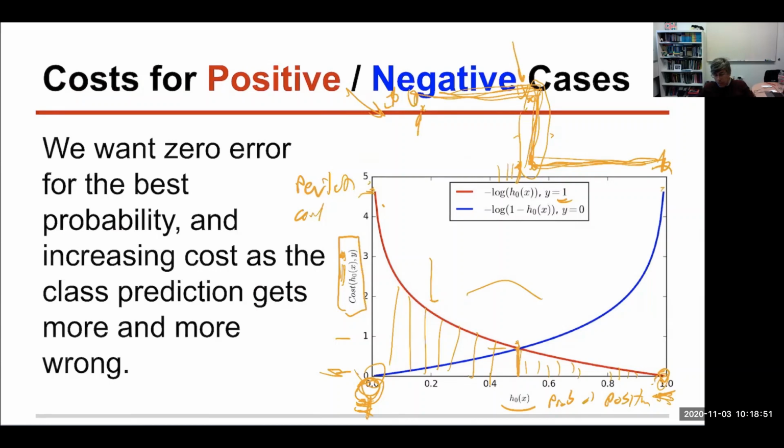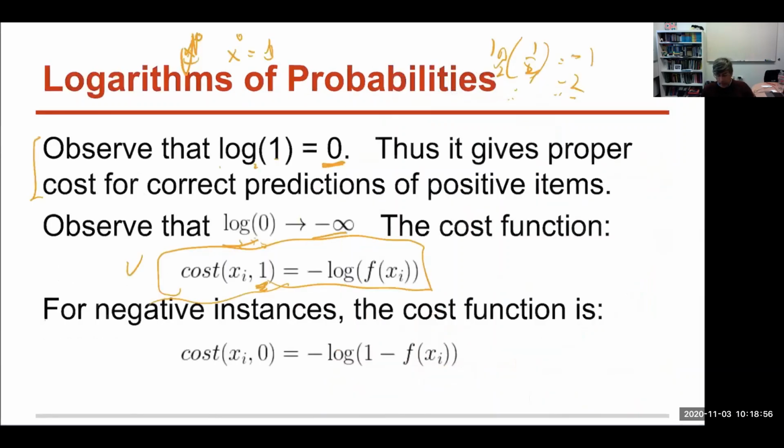To achieve the blue line, all we need to do is reflect it. Reflecting it is basically just taking 1 minus the input value. Any questions about that?